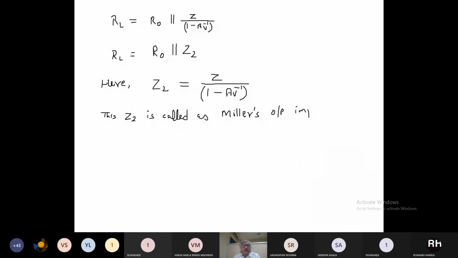Right. So what we are discussing, this Z2 is called Miller's output impedance. See, impedance.